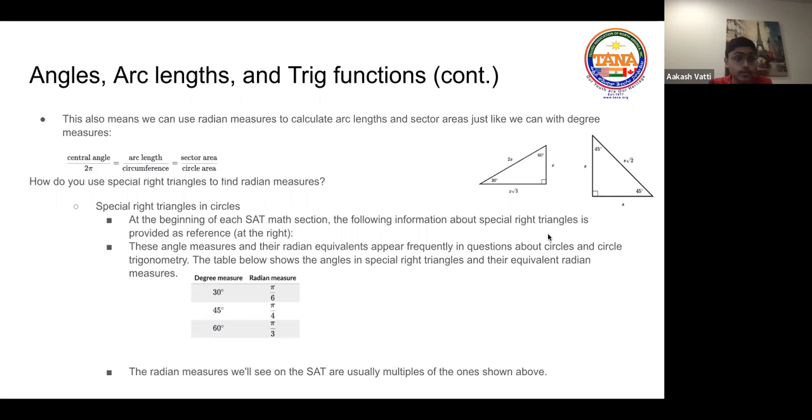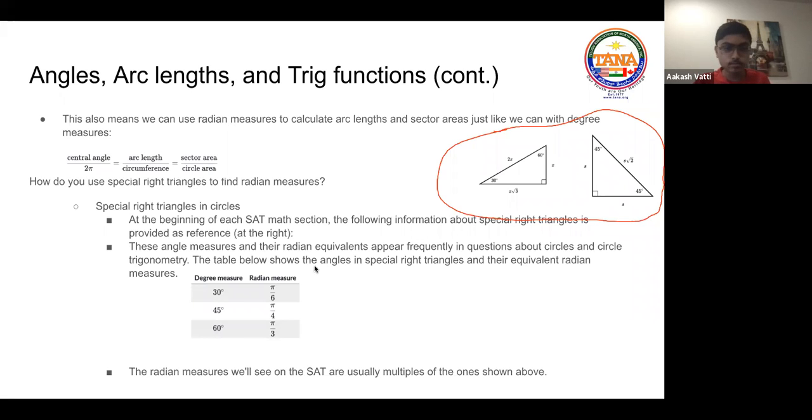So how would you use special right triangles to find radian measures? You have special right triangles and circles. At the beginning of the SAT math section, the following information about special right triangles is provided. You have these two images in the beginning of the SAT math section, and those give you special right triangles.